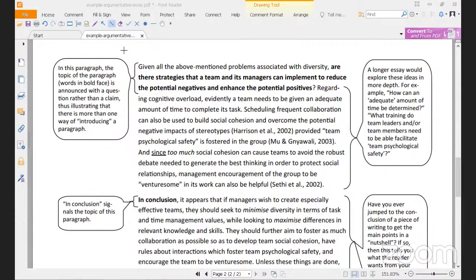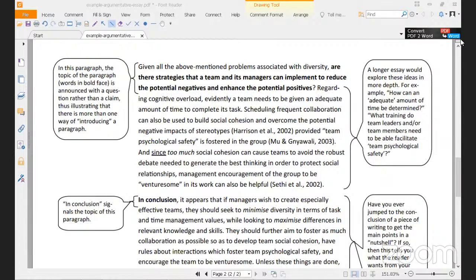Regarding cognitive overload, evidently, a team needs to be given an adequate amount of time to complete its tasks. Scheduling frequent collaboration can also be used to build social cohesion and overcome the potential negative impacts of stereotypes.